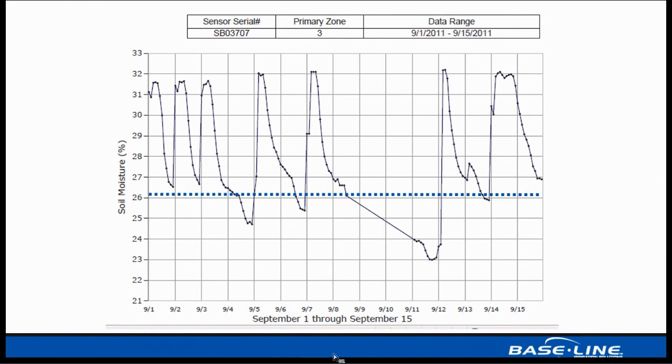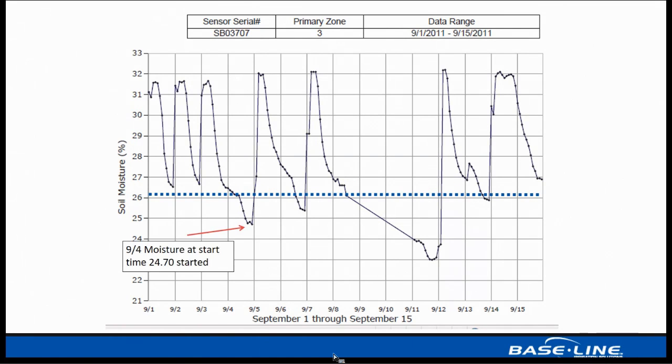This is a moisture graph of an actual site that we did a study with a landscape contractor in Las Vegas, Nevada, where we were analyzing the irrigation applications and trying to determine how effective those applications were and how long it actually took those applications of water to filter into the soil medium and be available for the different plant material.